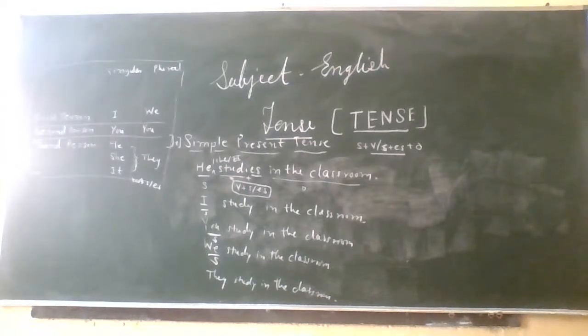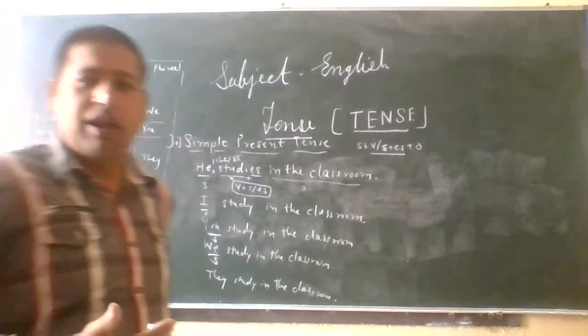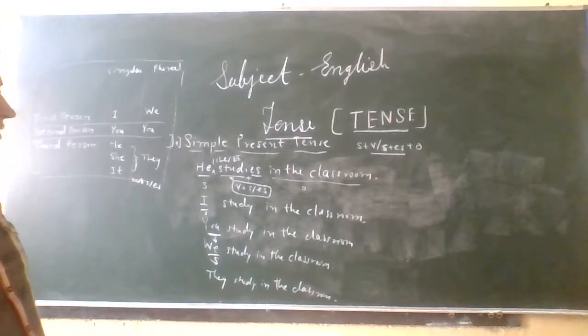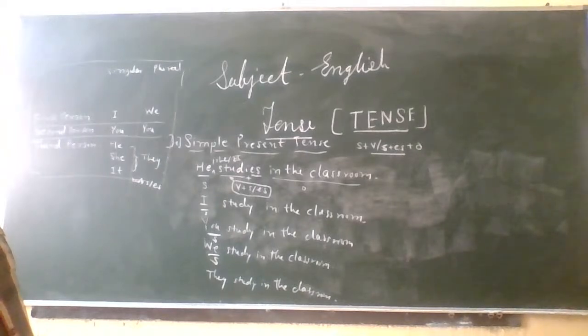Simple present means your habitual action, daily routine. He gets up early in the morning, he comes to the college regularly, he does his work very sincerely, he goes to bed at the proper time.